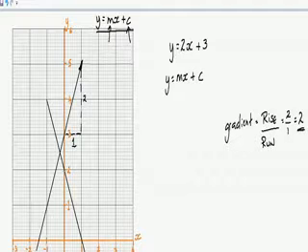Now I can see c is 2. So y equals something x plus 2. They won't always cut in a positive line, they might cut at -5, so it could be y equals something x minus 5.